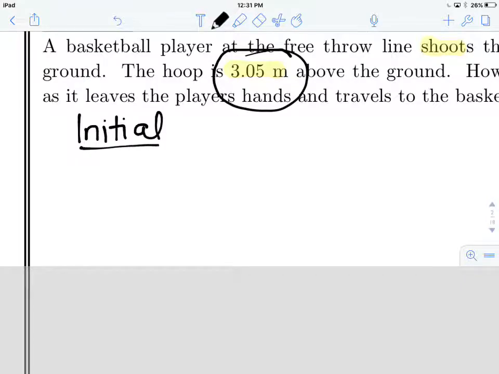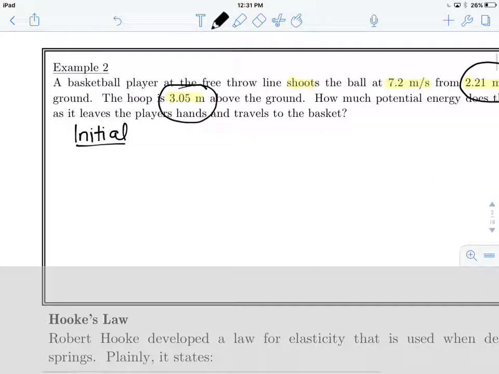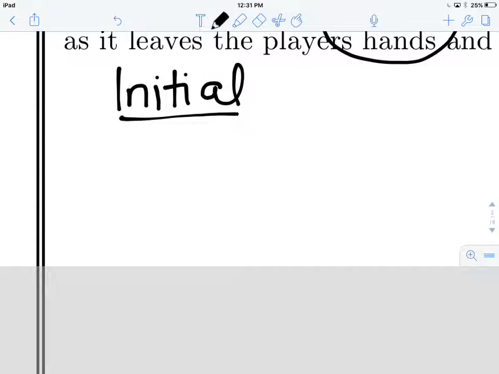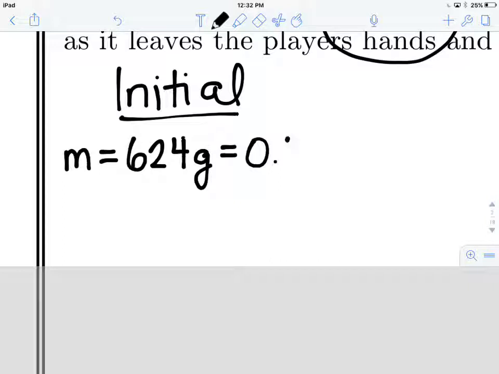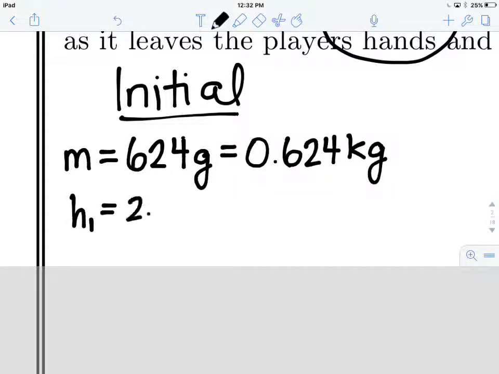So the ball initially has a height of 2.21, and if you were to Google a regulation basketball and its mass, you would find that it's 624 grams. It's a regulation NBA basketball, 0.624 kilograms. We know the initial height is 2.21 meters above the ground.